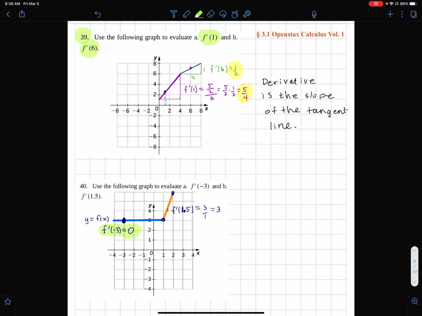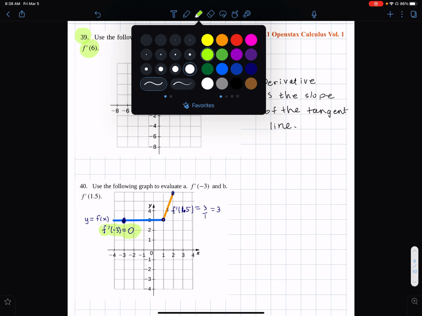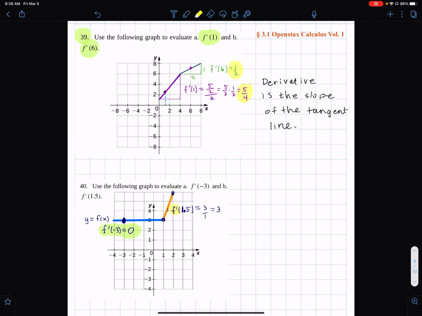All right, so look, in all these two exercises, these functions are called piecewise linear.